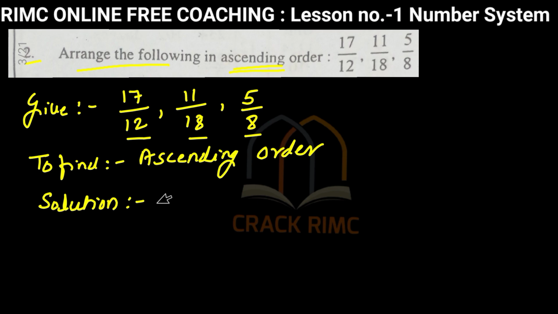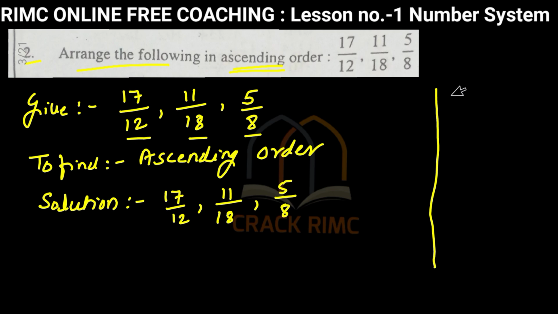In the first step we will write the numbers as it is, 17 upon 12, then 11 upon 18, then 5 upon 8. First we have to find the LCM, so we will find the LCM first.